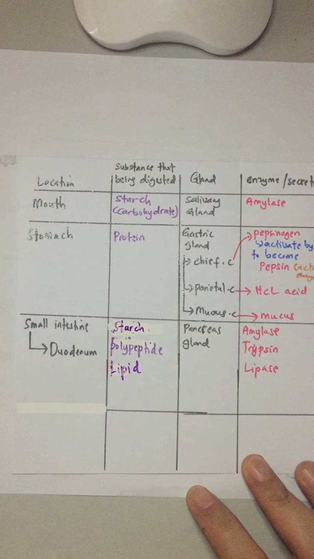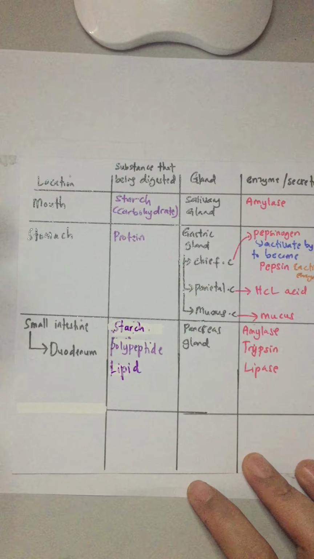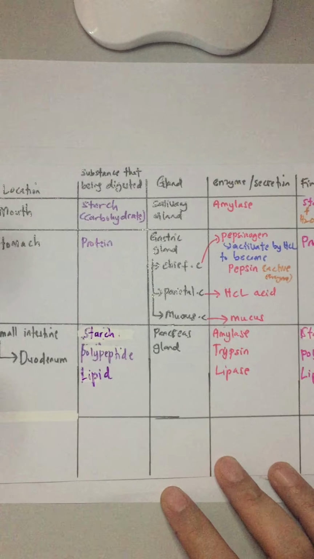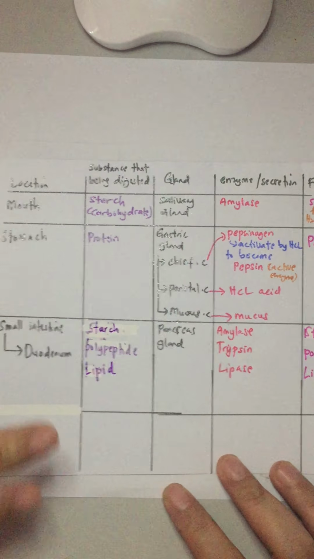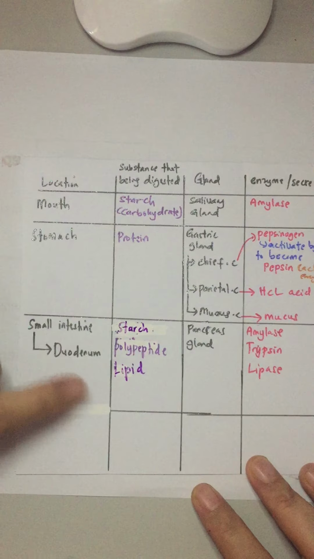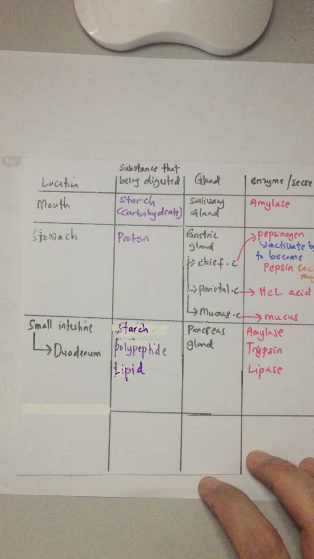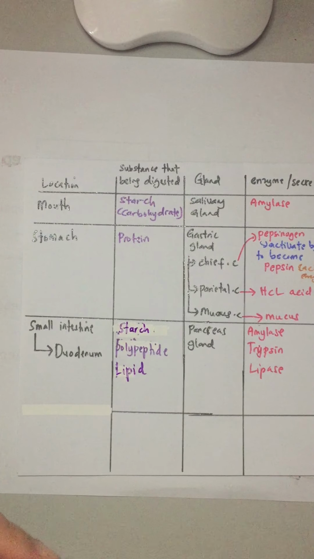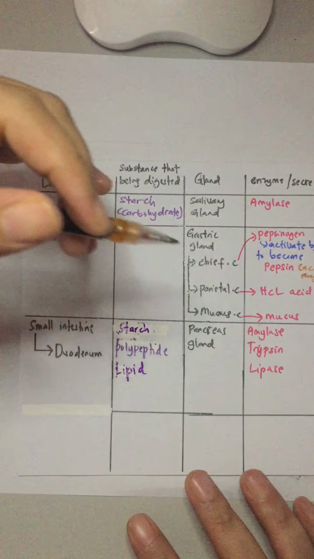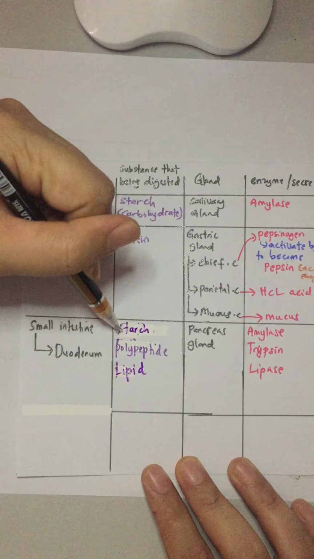Okay, small intestine dia ada dua part. Part 1 is duodenum. Part 2 is ileum. Okay, ileum ni cikgu sengaja kasih kosong, so cikgu akan tunjuk kamu, sama-sama kamu tengok macam mana dia punya, what is the glands, what the enzyme, what is the final product. Okay, so again we look here.